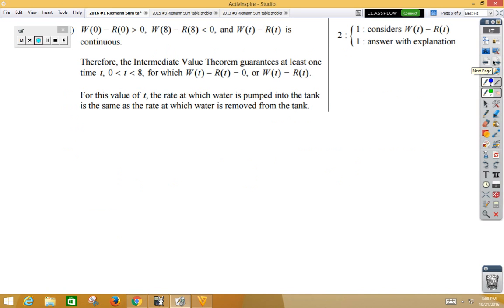So in our problem, if we do the far left, W of 0 minus R of 0, we get a positive response. When we do W of 8 minus R of 8, we get a negative. And if it goes from positive to negative, then by the intermediate value theorem, that guarantees that there must be a 0. Therefore, they must be the same. Notice 1 point for considering that, 1 point for the answer.